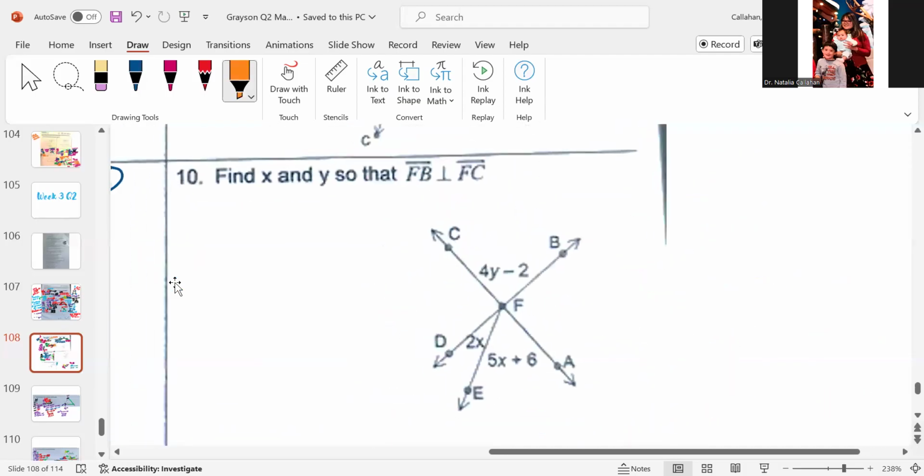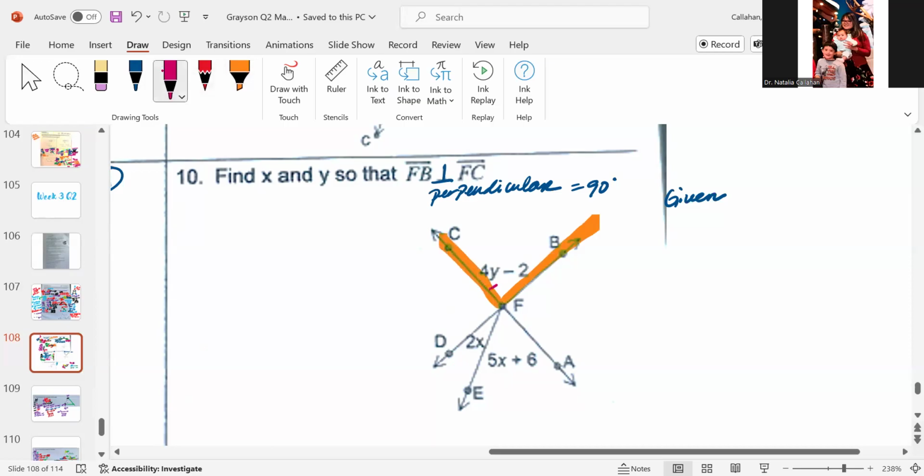Okay, let's take a look at 10. Is there anything that they've given? X and Y, so that FB, what is the symbol right here? What does perpendicular mean? FB, FC.